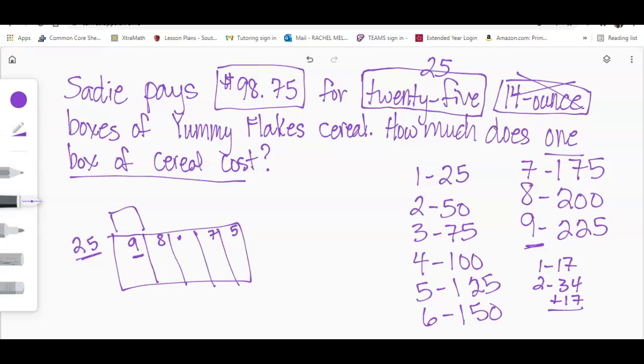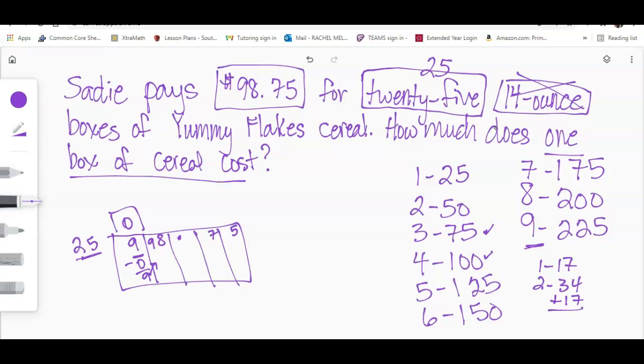Well, I have 9, but I need 25, and that's not enough. So now I come over here. I have 98, and I need 25. So I look for 98. Well, I see 75 is getting close. 100 is over. I cannot use over.